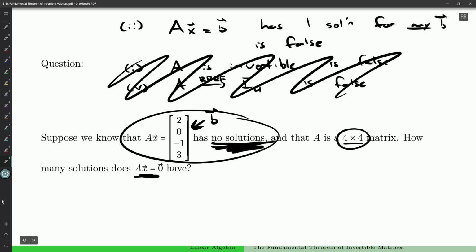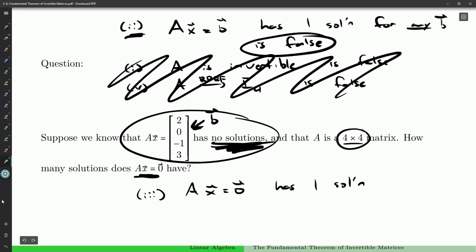We're asked about the homogeneous system. Well, there's one result from the fundamental theorem of invertible matrices that talks about homogeneous systems. Ax equals 0 has one solution, the trivial solution. But if statement 2 is false, then statement 3 is false as well.